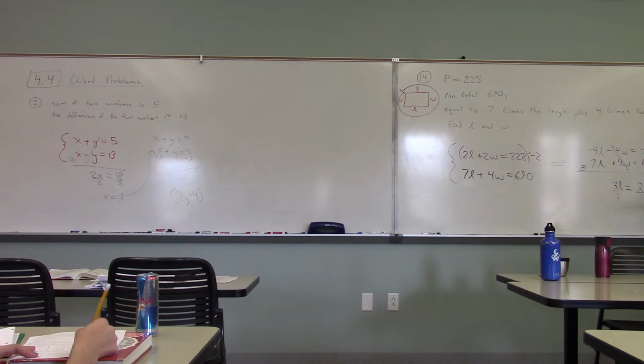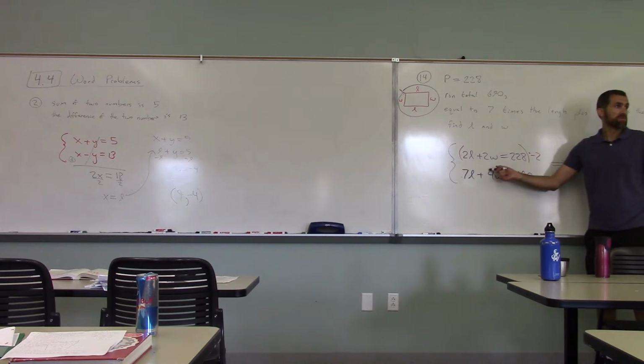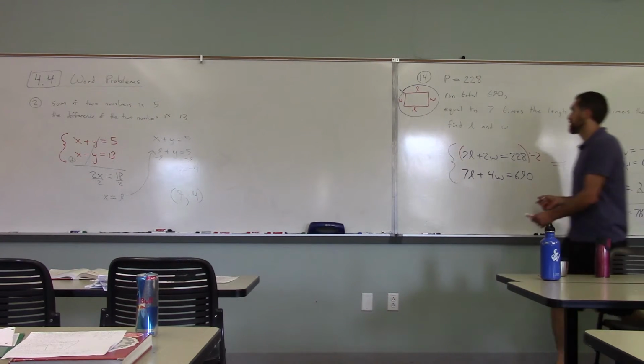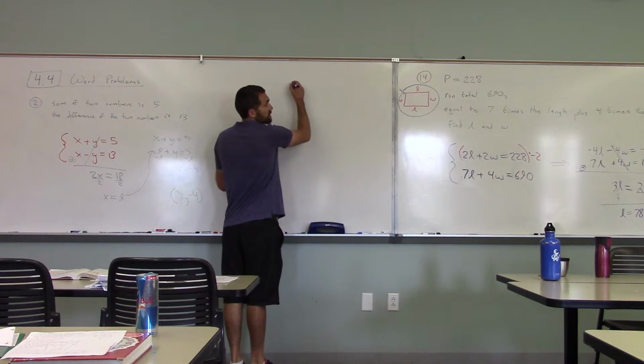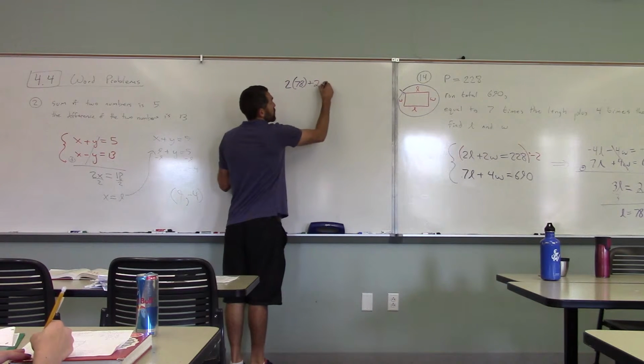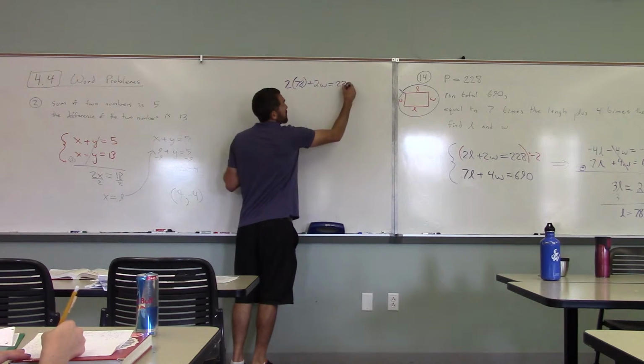In general, in this section, you're going to be dealing with numbers in the hundreds, maybe even the thousands. So just use a calculator if the numbers are difficult. It's the same strategy though. Dividing by 3, we get L equals 78. Then we plug it into either equation. The top one looks easier. So this is 2 times 78 plus 2W equals 228.